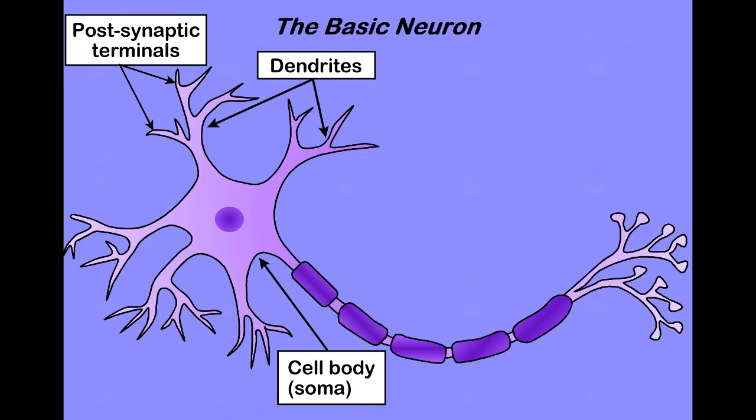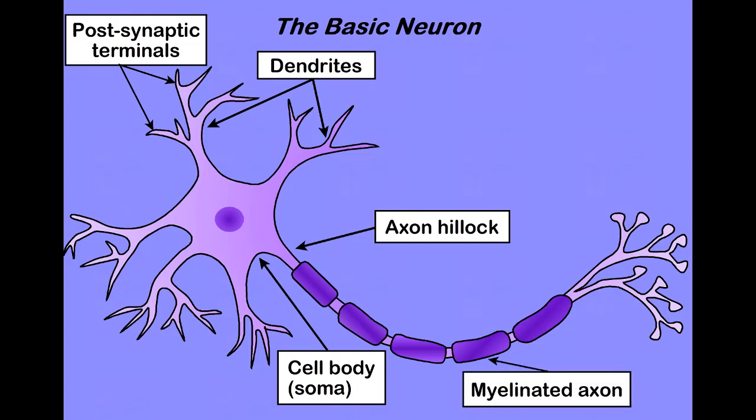The cell body itself, or the soma, is the home to all of the elements of a neuron that control its metabolic functioning. So all its organelles and its nucleus and so on. The point at which the axon leaves the cell body, right, the long protrusion there, is called the axon hillock.